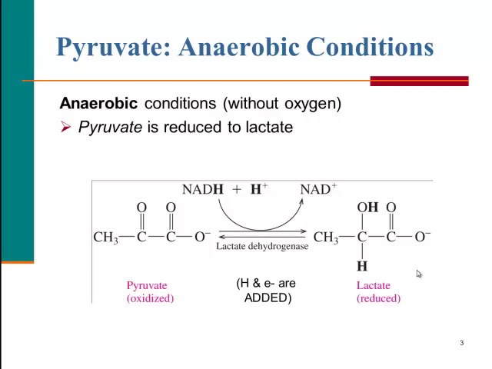Now one path that it can go down is what happens in our skeletal muscles. So the pyruvate is going to be reduced, and the C double bond O that's present right here at carbon 2 is going to be converted into the hydroxyl group that you see here.